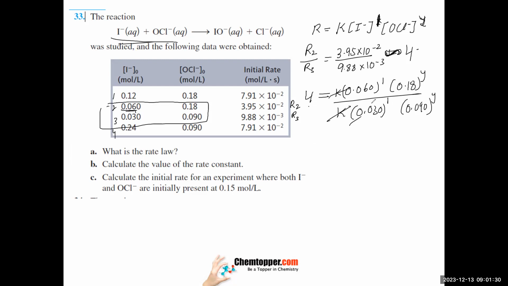K cancelled. This number is 2. So 4 is 2, and this number is also 2, 2 raised to power y. So 2 raised to power y is 4 divided by 2. This is 2. So y is 1.